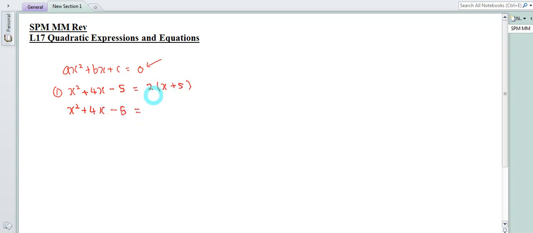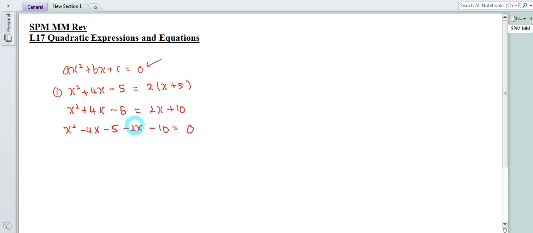Okay, here just the simple expansion, you get 2x plus 10, right? Okay, so this one just copy first. Positive 2x becomes negative 2x when you bring it from the right hand side to left hand side. Positive becomes negative. Okay, now this side becomes 0.